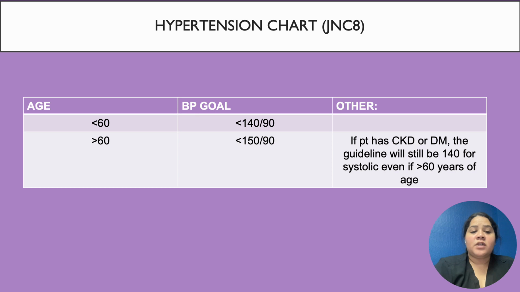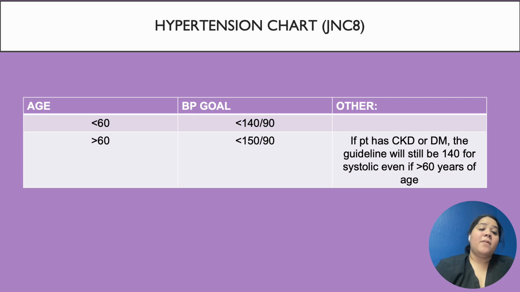If the patient is over 60 years old, we do allow for some flexibility, and we would increase that systolic by about 10 points. So the blood pressure goal for somebody who is over the age of 60 would be less than 150 over 90. If the patient has any type of comorbidity and they're over the age of 60, such as chronic kidney disease or diabetes, the blood pressure goal would be the same as for those who are under the age of 60.